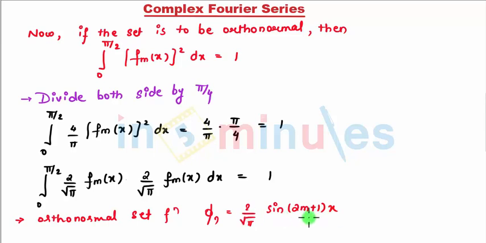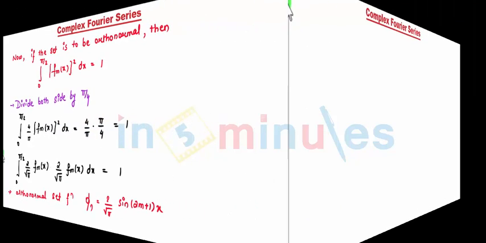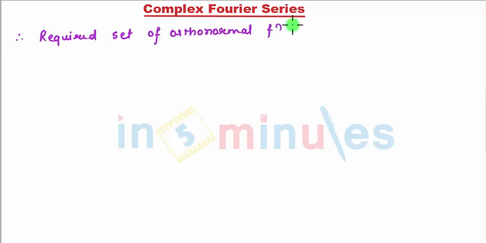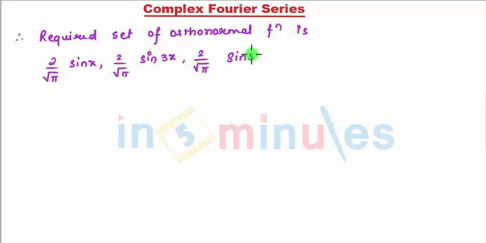When you put values of m, the required set of orthonormal functions is, starting with 1, 2, 3, when you put 0 it will obviously be 0. Let's start with 1, so that comes 2 by root pi sin x, 2 by root pi sin 3x, 2 by root pi sin 5x, and further you'll be getting all odd terms. So that is my set of orthonormal functions.